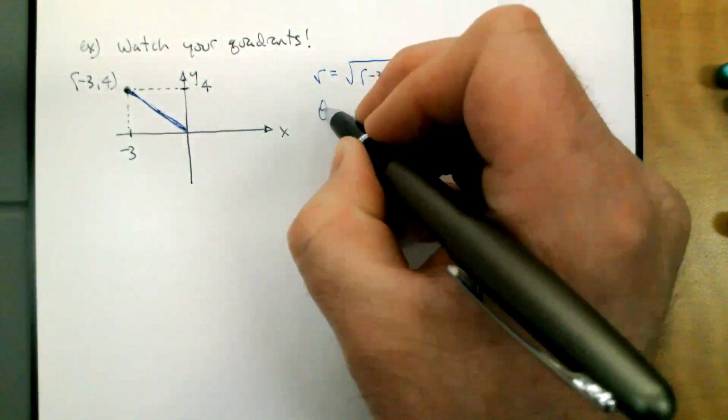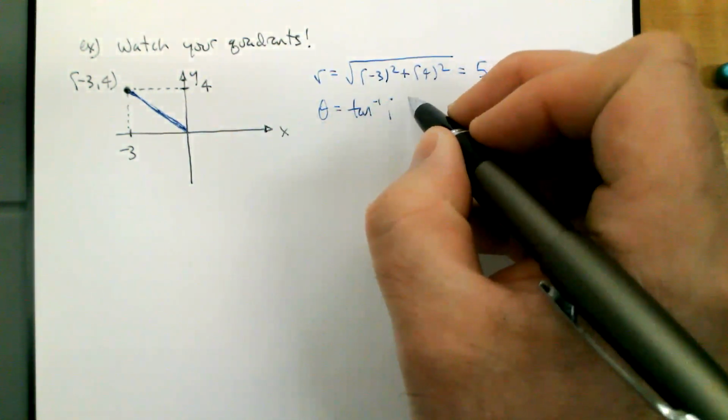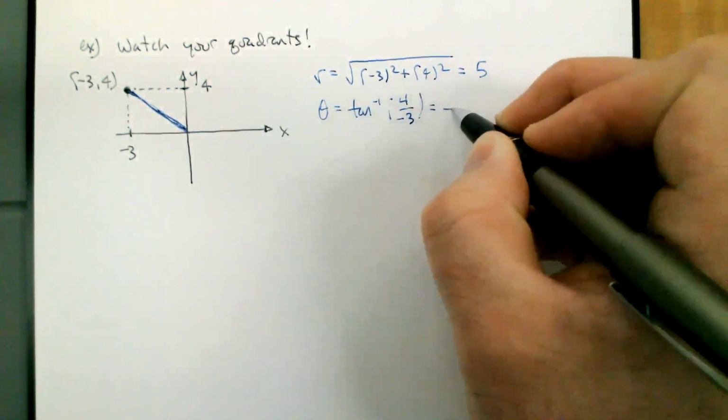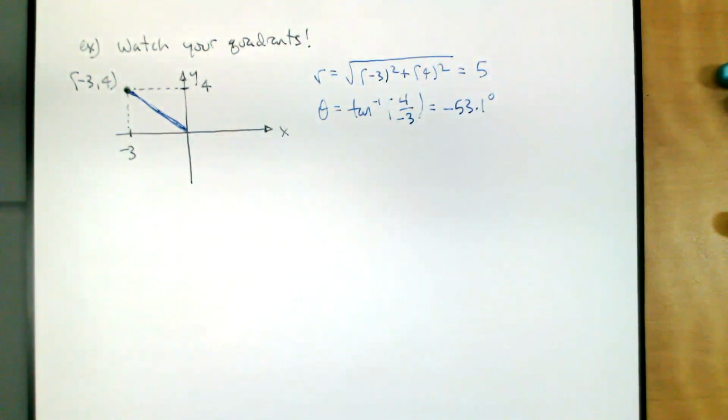But then if I just drop these into theta, tangent inverse of opposite over adjacent, we still get -53.1 degrees. And it's not the same -53.1 degrees that we had in the previous problem. This is because we've jumped over into the second quadrant. Tangent is negative in the second quadrant, but that 53.1 degrees is not in standard position.